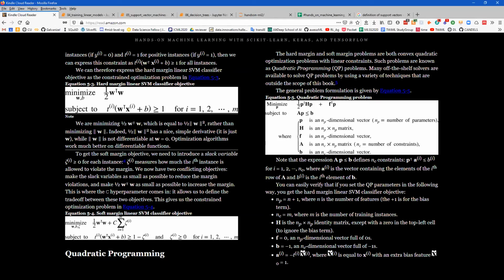And how do we have a small left side of the equation, under equation 5-4, minimizing this entire equation? That is to actually increase C, right?